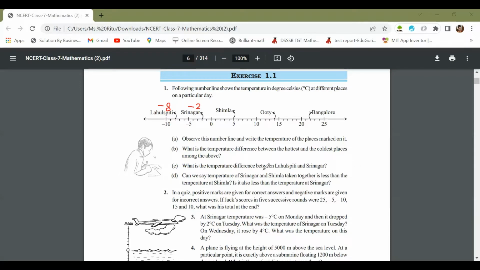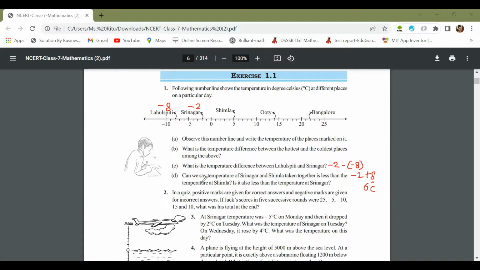Then you find the temperature difference, which would be -2 minus (-8). Why are we putting two negative signs here? Because -2 is the temperature at Srinagar and -8 is the temperature at Leh, and we are subtracting; we are finding the difference. So it would be -2 plus 8, that is 6 degrees Celsius, the answer.